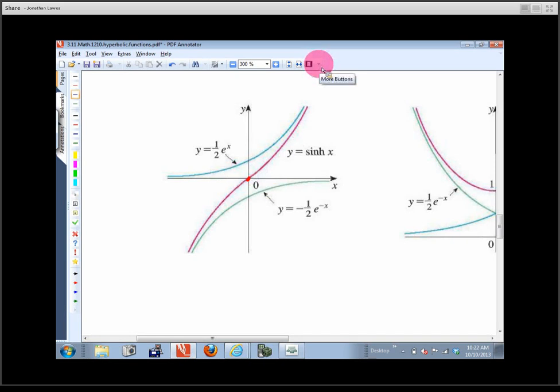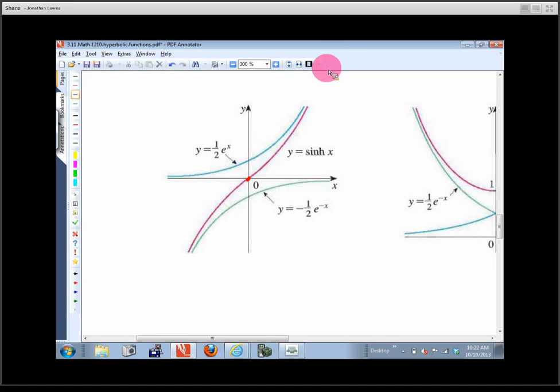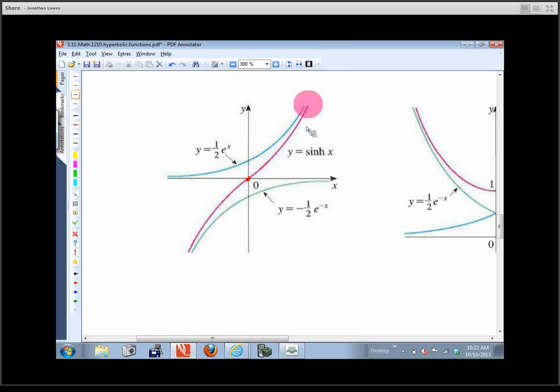On the other side, this one tends toward 0, and this one tends toward negative infinity, or exponential growth in the negative direction. So on this side, this one takes over. We've got an exponential curve here, a mix of the two in between, and an exponential curve here. So exponential growth in the positive direction, exponential growth in the negative direction. In the middle, they cancel each other out, and that's why we hit 0. Make sense?